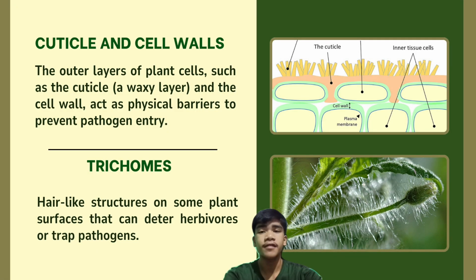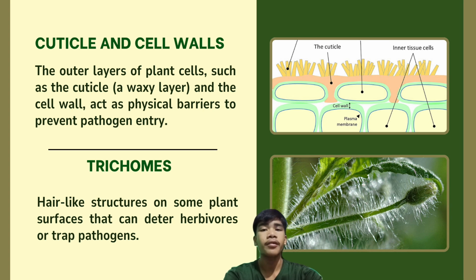These are some examples of defense mechanisms of plants. The cuticle and the cell wall are vital to a plant's immune system. The cuticle acts as a physical barrier, prevents water accumulation that promotes pathogens, and contains antimicrobial compounds.